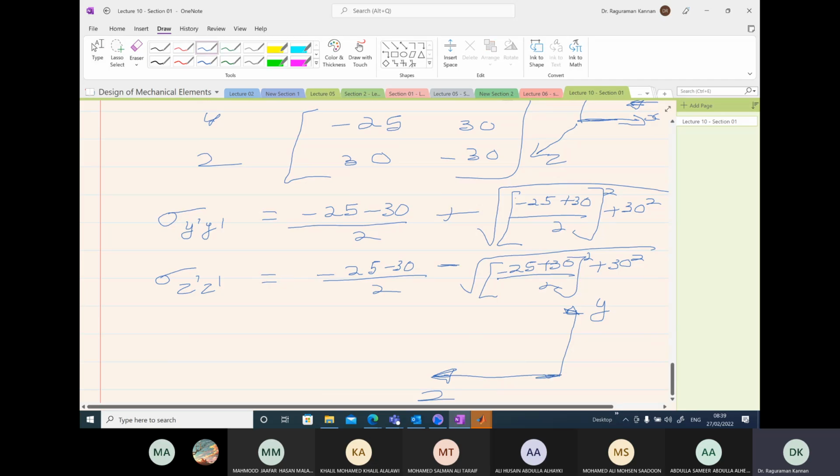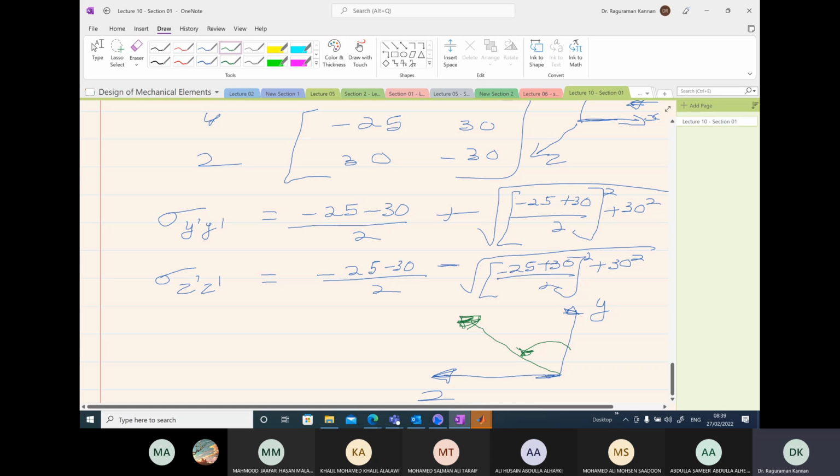With respect to the y axis, you get the angle. Okay, so the new principal direction is going to be in this direction, anti-clockwise with respect to the y axis.